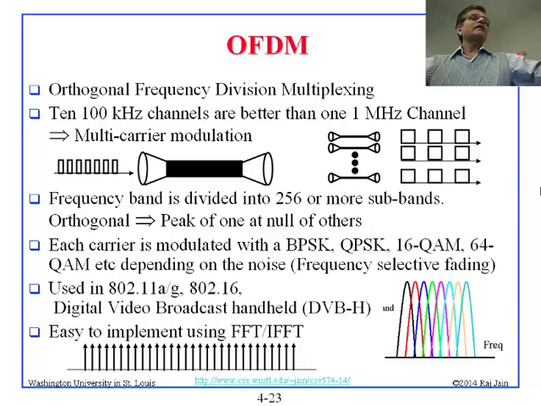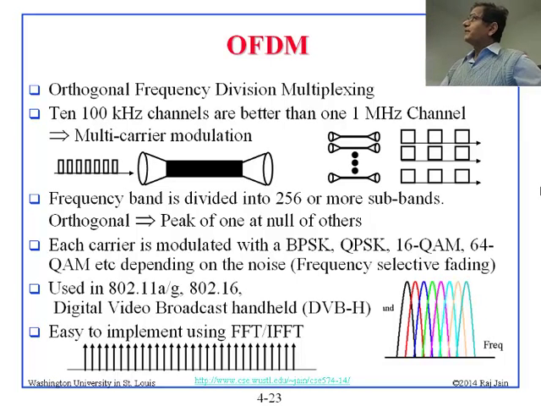So if you are given, let's say, 1 megahertz, you don't want to use all of it at the same time. You divide it into tiny channels, maybe 1 kilohertz, 1,000 of them, or 10 kilohertz, 100 of them. So each channel is small, but you still have the same spectrum. And that is very good, because if you do that, then you can do better. So let's see how you can do better.